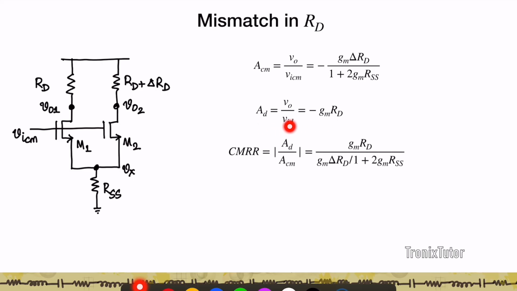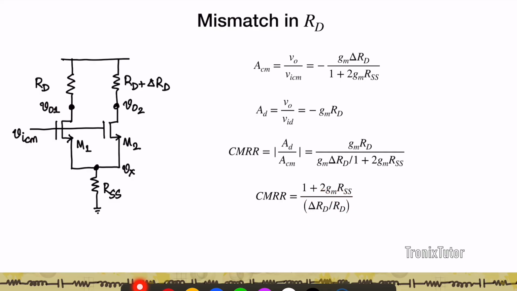The differential mode gain is given by minus GM RD, and so in this case I can talk about CMRR as the ratio of differential gain to the common mode gain, which is GM RD by GM delta RD into 1 plus 2 GM RSS. Or in other words, the CMRR is given by (1 plus 2 times GM into RSS) divided by the relative mismatch in the load resistances, where RSS is the impedance of the tail current source.